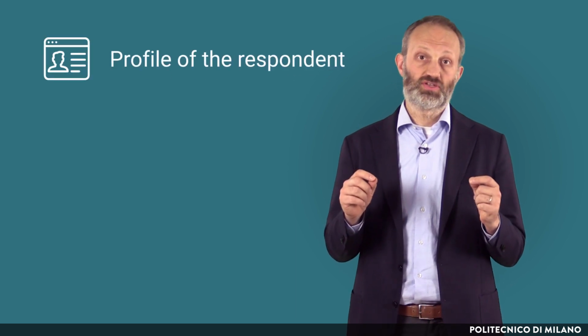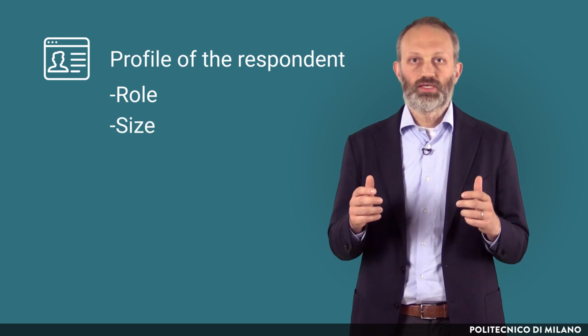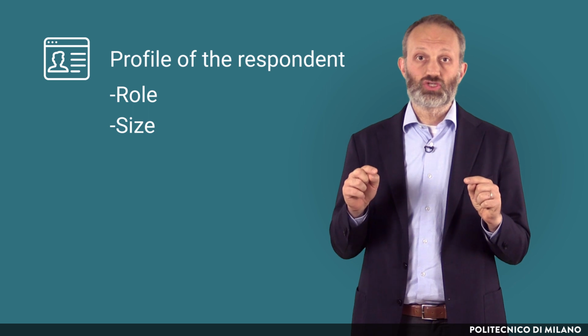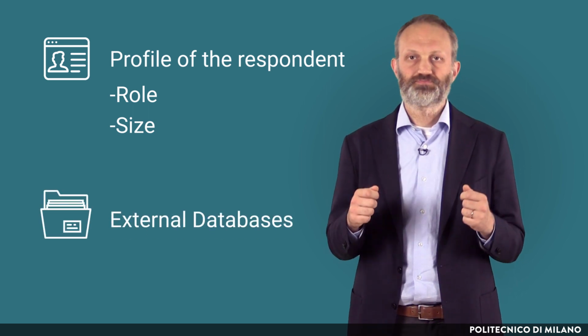The only additional questions that are useful are those related to the profile of the respondent, person and/or organization, such as the role of the respondent or the size of the company, but only in case we are not able to retrieve this information in other ways, for example from external databases.